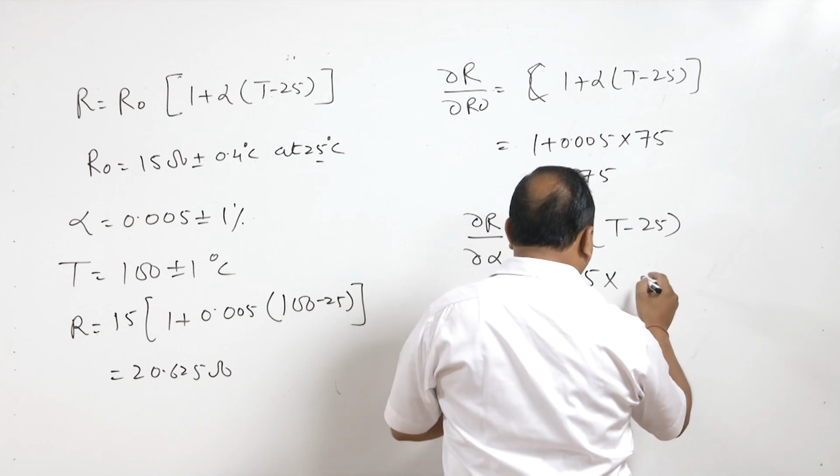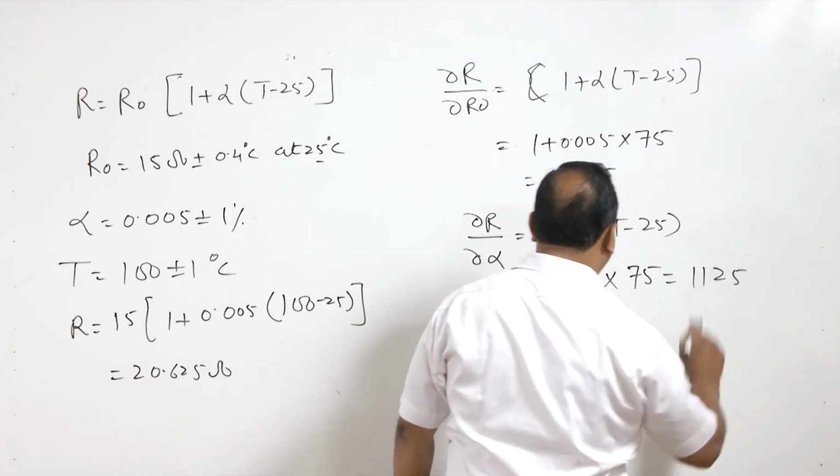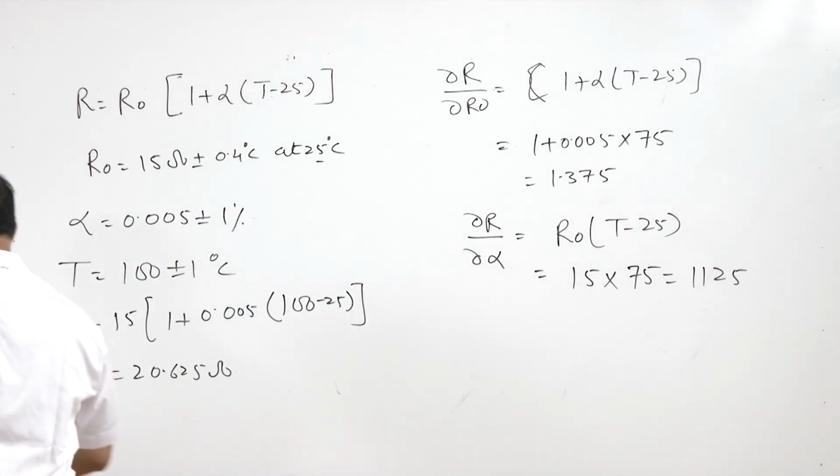So 15 into 75 is going to be equal to 1125. 15 into 75, 1125.